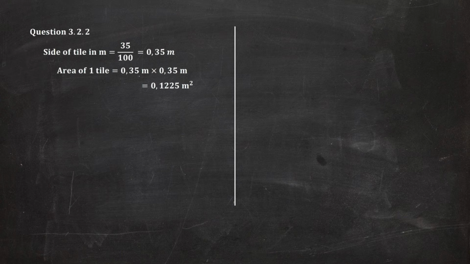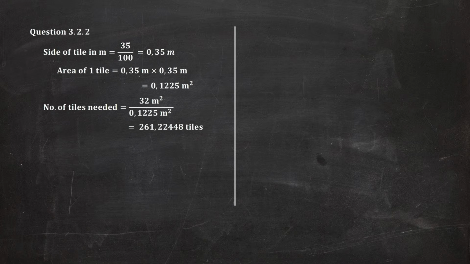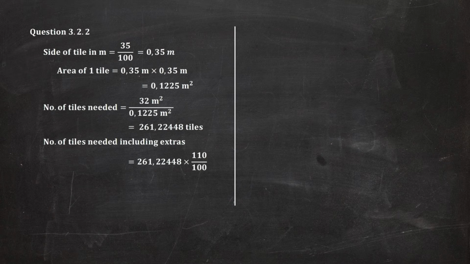So the number of tiles needed to fill the total area is 32 square meters divided by 0.1225 square meters, and this equals 261,22448 tiles. Since you will need an extra 10% for cutting and breakage, you will have to multiply this value by 110% over 100%. Why?